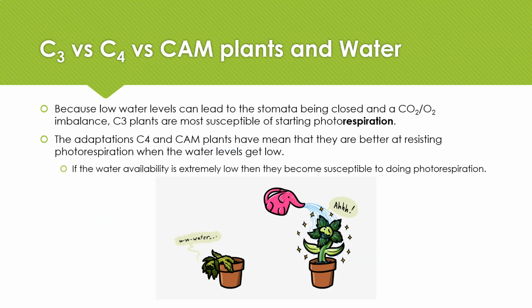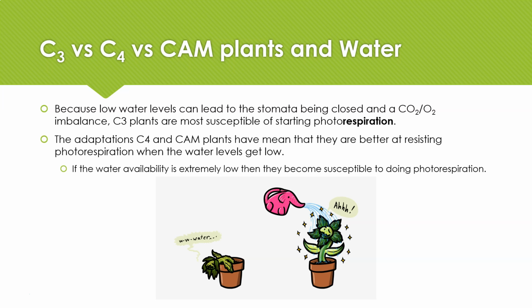And this is where we do see a difference between our C3, our C4, and our CAM plants. Obviously, if C3 plants are having this happen to them, then they're the most susceptible to starting photorespiration because they don't have any mechanism to deal with it.